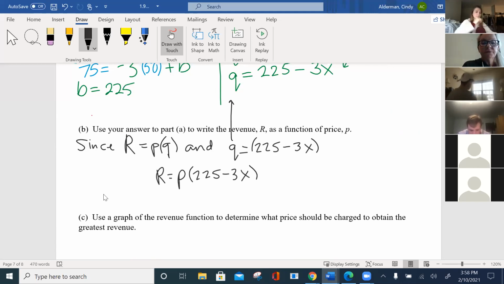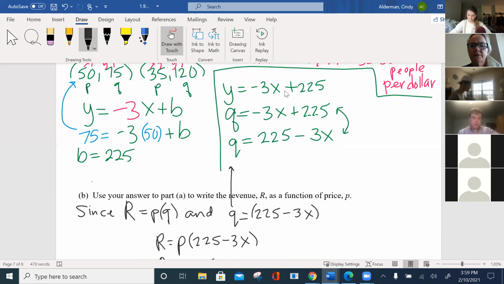And if we just distribute, we'll get revenue is equal to 225P. Oops, let's use P. I shouldn't use X. Let's use P. And actually, I should have used it up here too, sorry.